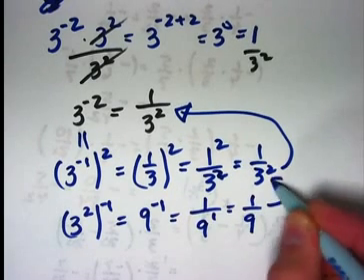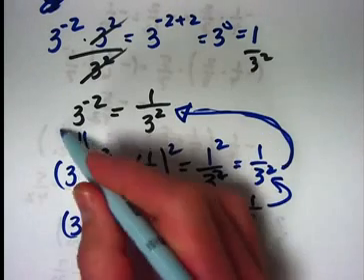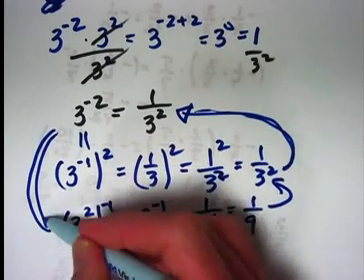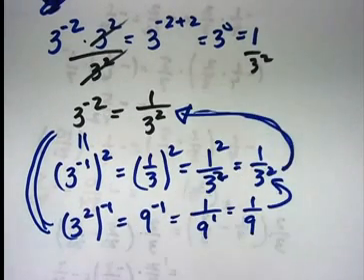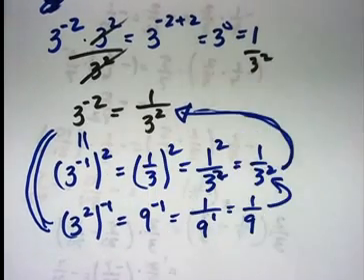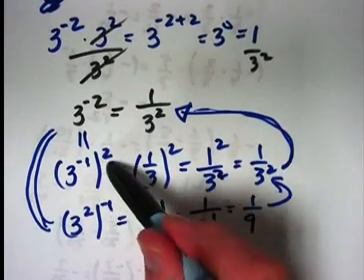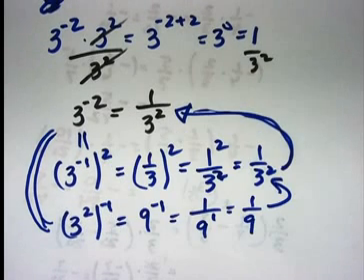Which is the same as that? Which is the same as this? 3 to the negative 2. Both of these, this and this, are both equal to that, and with both of them, you can get from here to there or here to there by multiplying the exponents, negative 1 times 2 or 2 times negative 1. Either way you do it, you get negative 2.